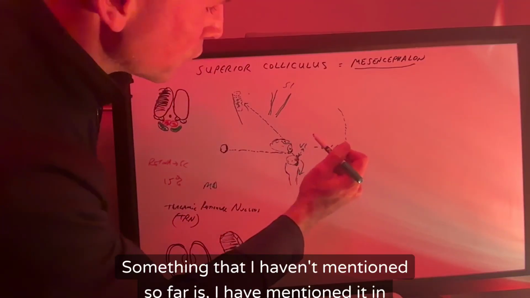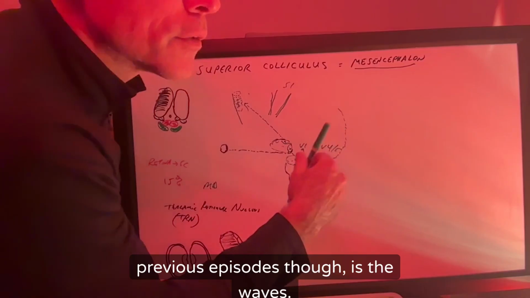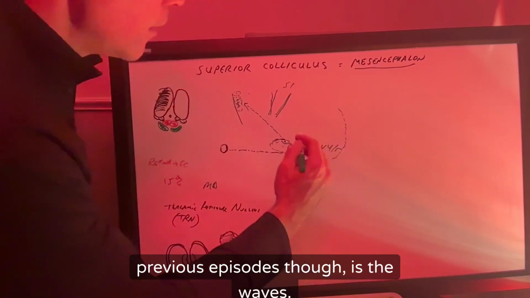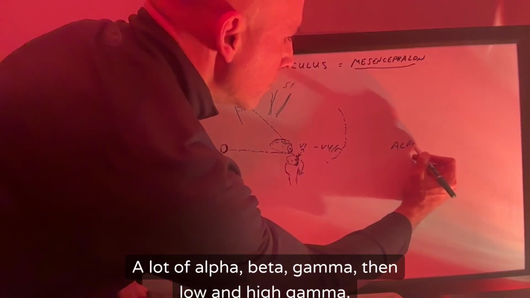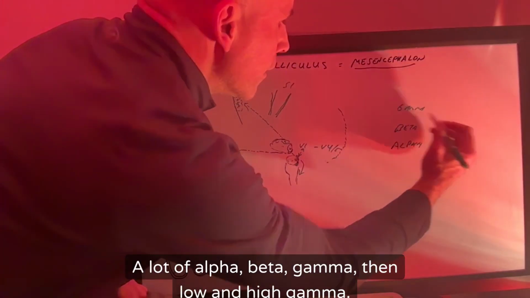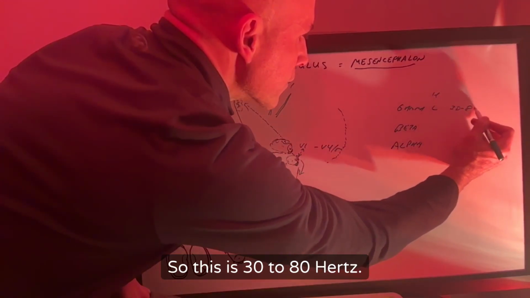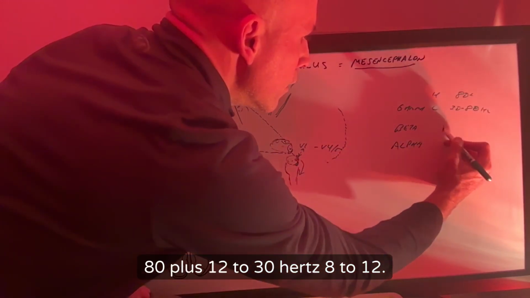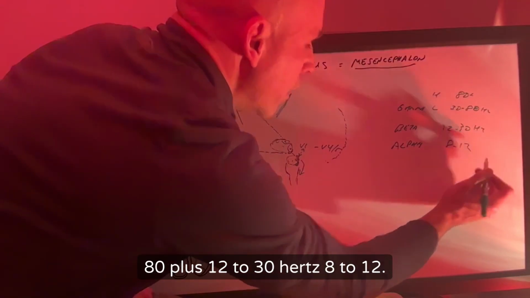Something that I haven't mentioned so far, though I have mentioned it in previous episodes, is the waves. A lot of alpha, beta, gamma, and low and high gamma. So this is 30 to 80 hertz, 80 plus, 12 to 30 hertz, 8 to 12.